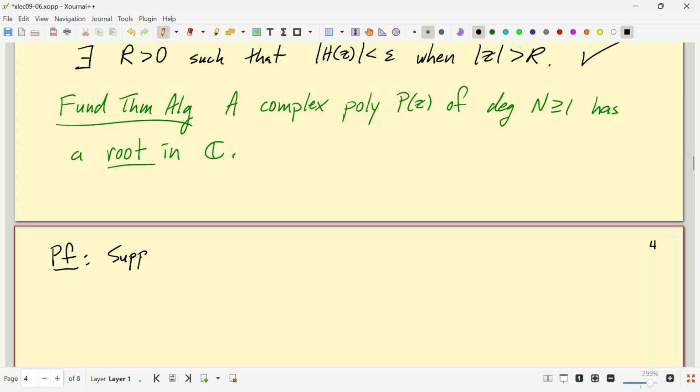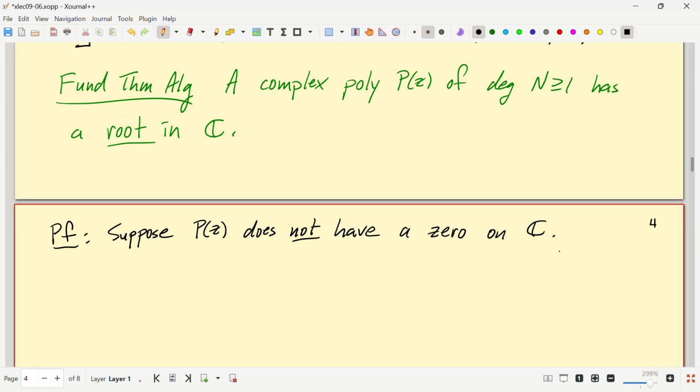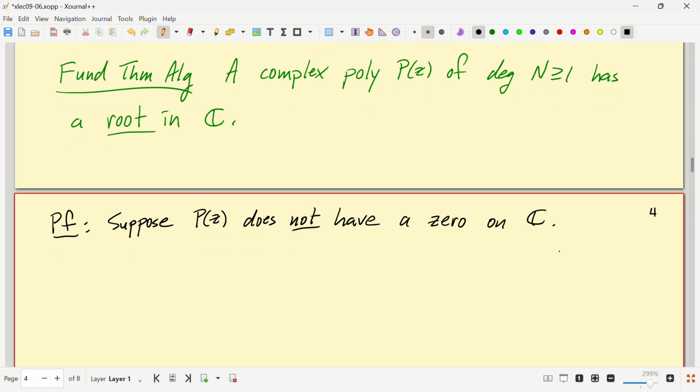Let's suppose I have a complex polynomial P of z that does not have a root, which is a 0, does not have a 0 on C. Then we know the basic calculus facts hold, and that means that 1 over P of z would be complex differentiable on the whole complex plane.